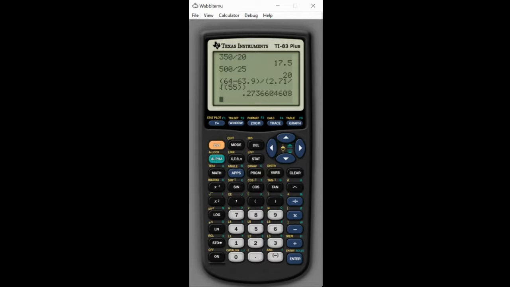Remember, the z-score is going to be two decimal places, and then when I do the probability it will actually be four. So my z-score is going to be 0.27. Let me stop sharing this part and share the board right here.